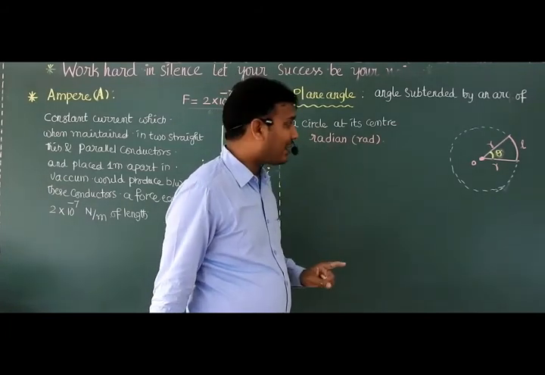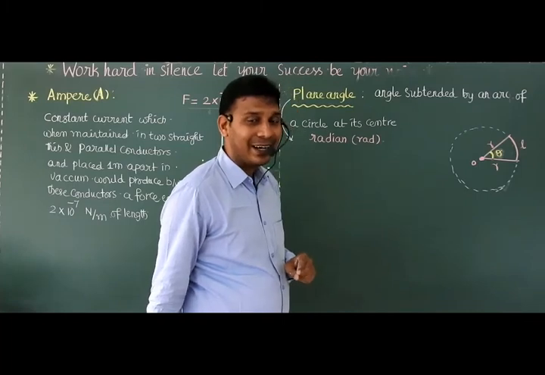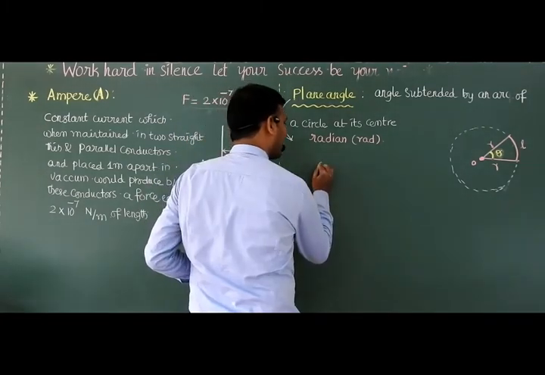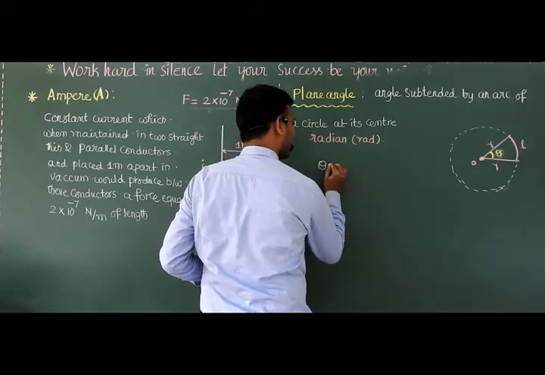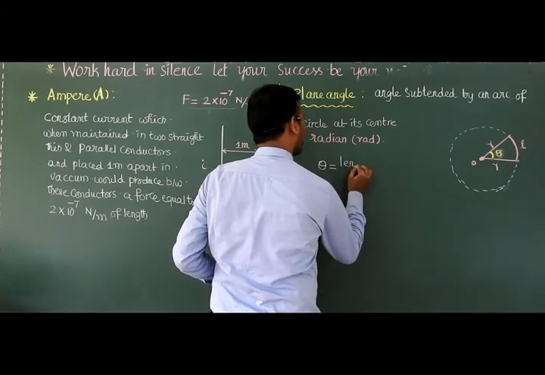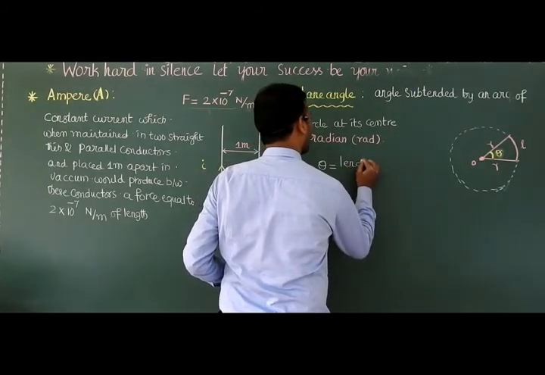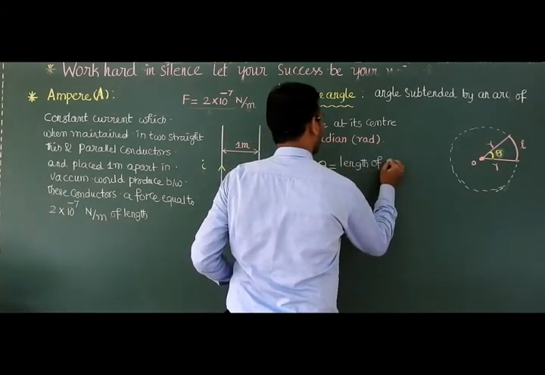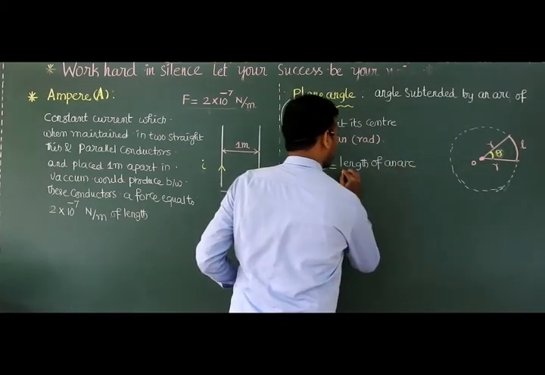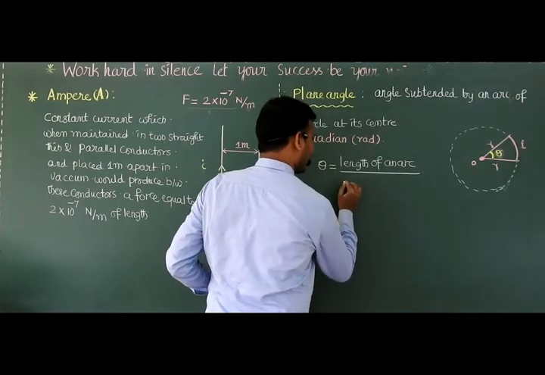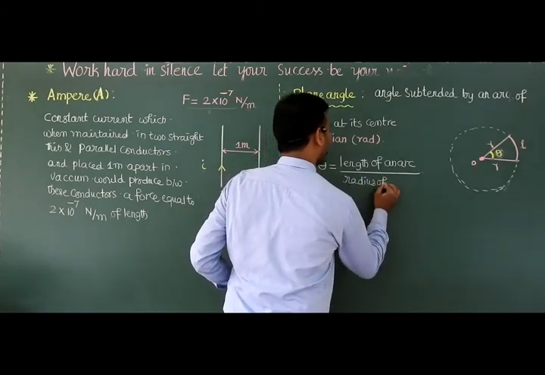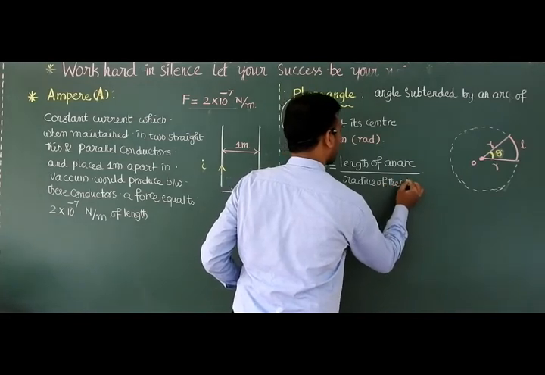Then how to find theta? Theta is equal to length of an arc divided by radius of the circle.